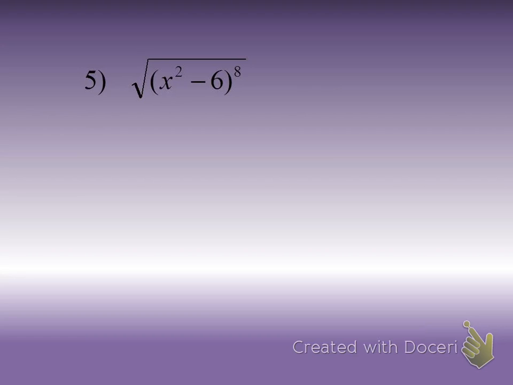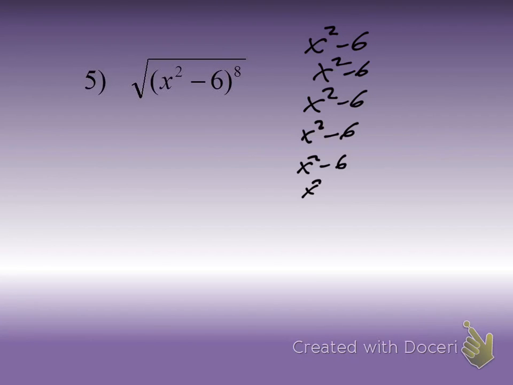8. I'm doing this one time. You don't have to. Just watch me. Is that 8? 1, 2, 3, 4, 5, 6, 7, 8. We have 8 x squared minus 6's.